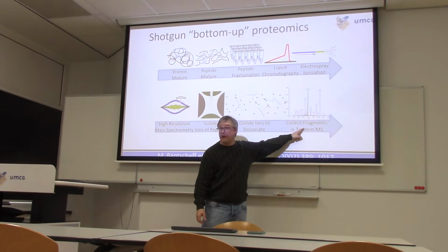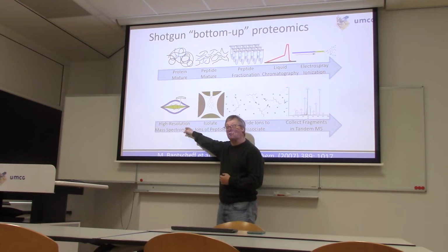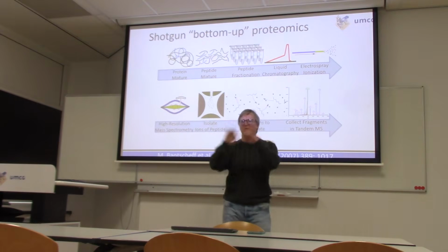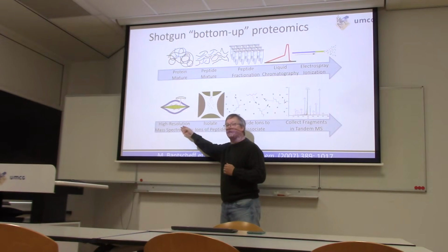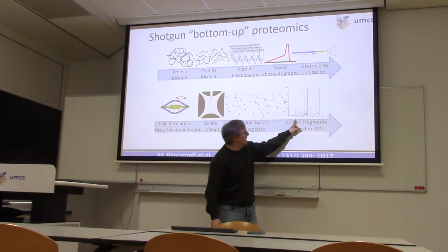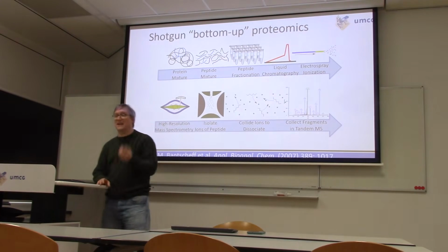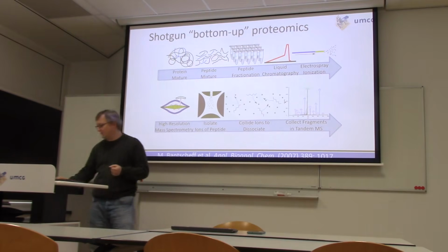That produces fragment ions, which relate to whatever we isolated back here. At this stage, we're just talking about the old school tandem mass spectrometry experiment. We have a bunch of copies of some peptide ion. They break independently, and their fragments are then measured in a tandem MS or an MS-MS. The terms mean the same thing.